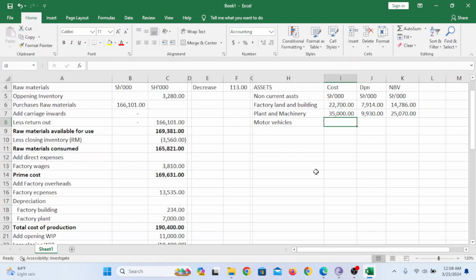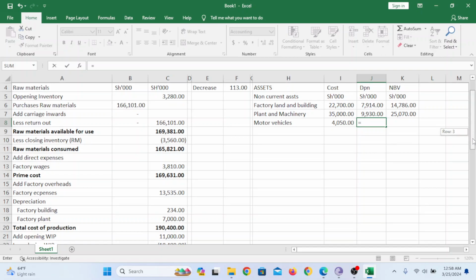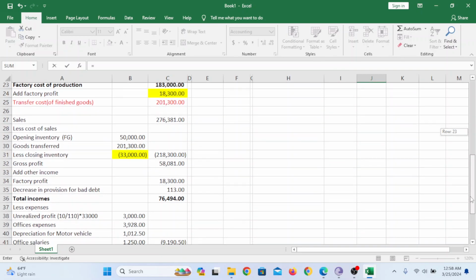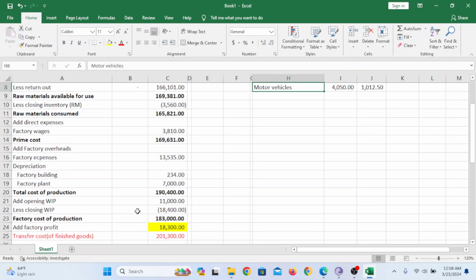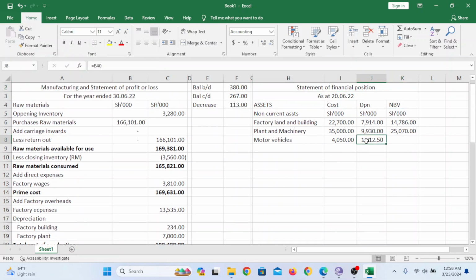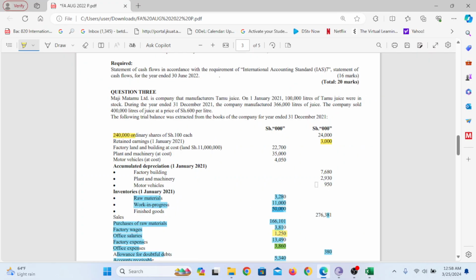So motor vehicle, that was 4050. Again we bring in the depreciation of motor vehicle, which was in the trading account, the profit or loss, 1012.5, but we need to add on the provision for depreciation in the motor vehicle. The provision for motor vehicle here is 950.